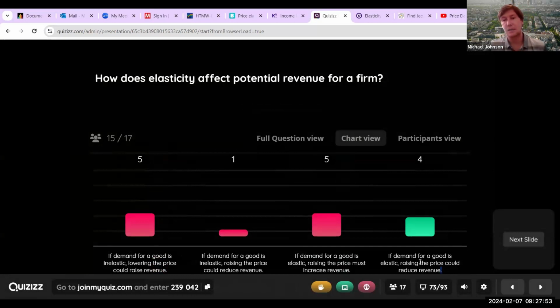The reason is that people are going to buy a lot less of it if you raise the price, because they don't need it. It's something like a luxury good, so they don't need it to survive. So raising the price will reduce revenue because they'll figure they don't have to buy it. Because they don't want to pay the higher price, they know they don't need it, so they're going to buy less of it.